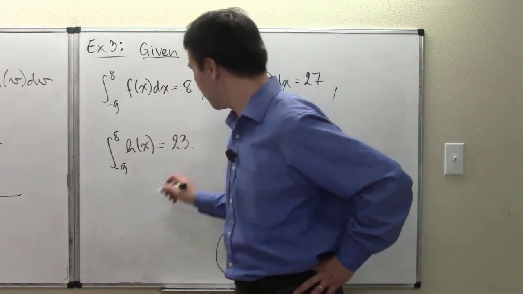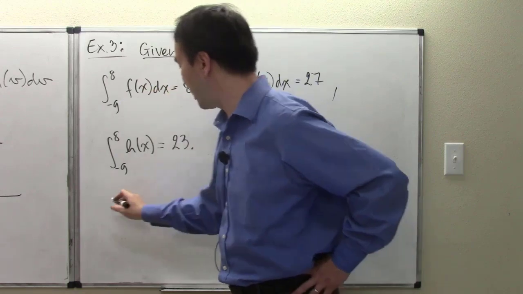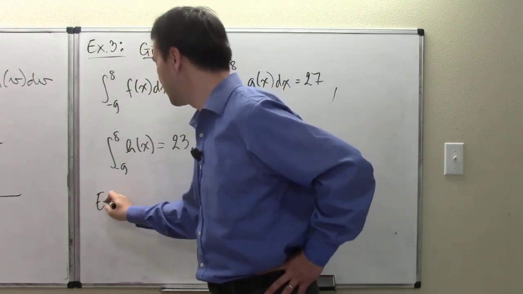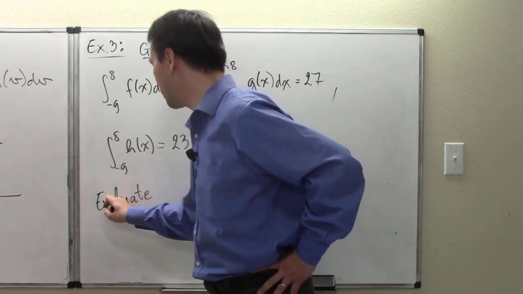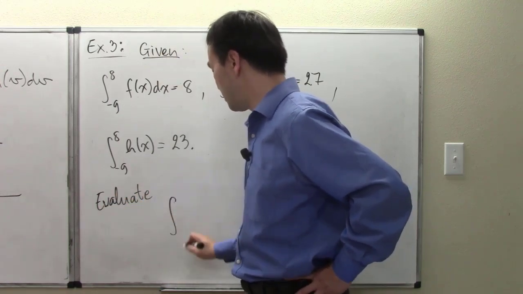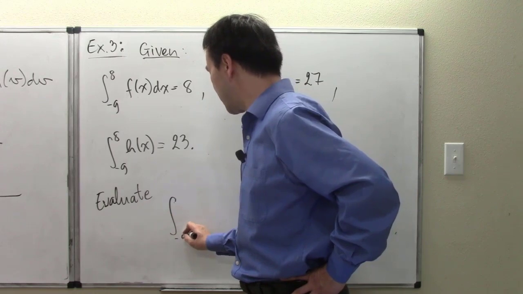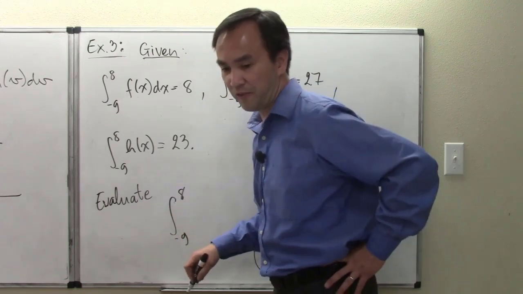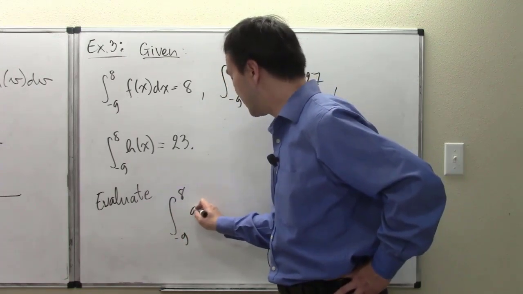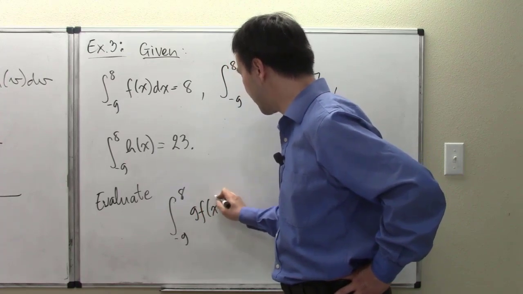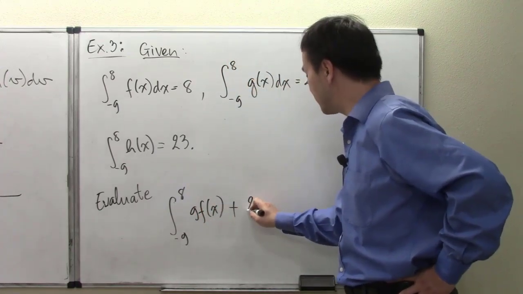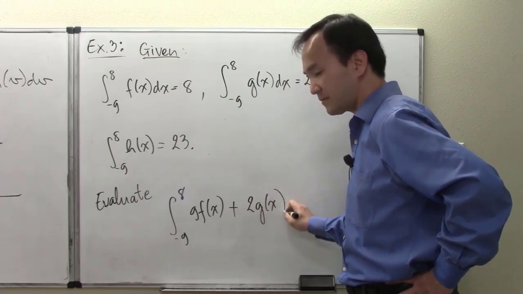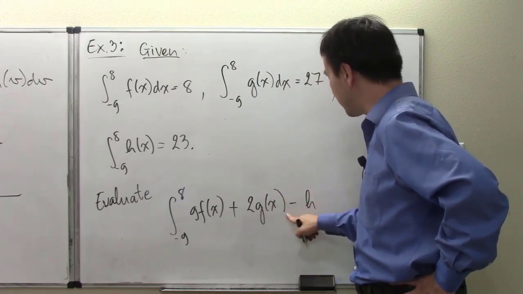And then, at the end of that given information, we are asked to evaluate the following integral. It's an integral from -9 to 8 of the following function: 9 times f of x, plus 2 times g of x, and we're going to subtract h of x.